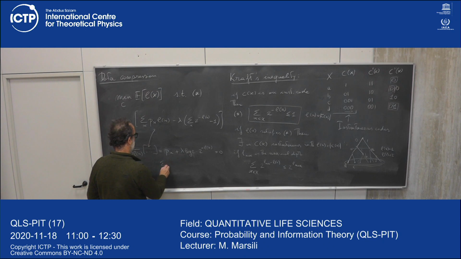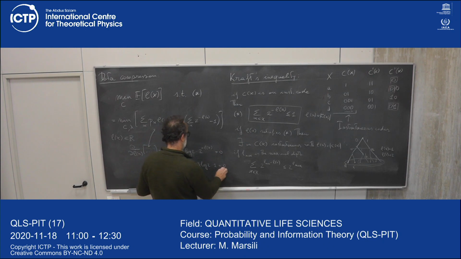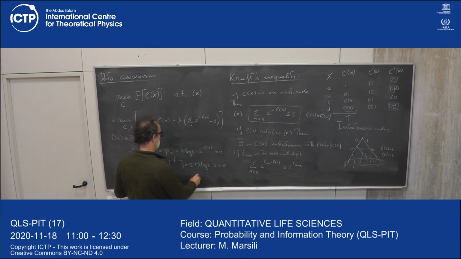So if we sum over x this equation here we get 1 from the sum over x of P of x plus lambda times log 2, and if we want to saturate Kraft inequality, then this also gives us 1. Okay, so this equation tells us that lambda will be equal to minus 1 over log 2.